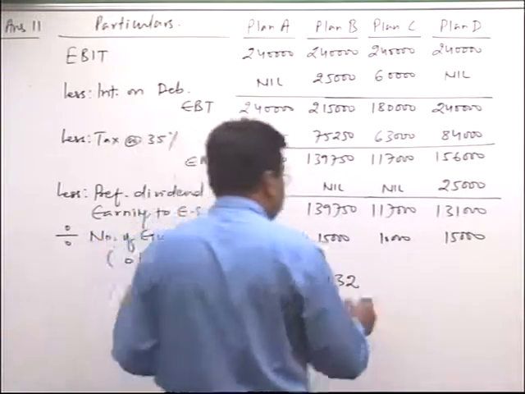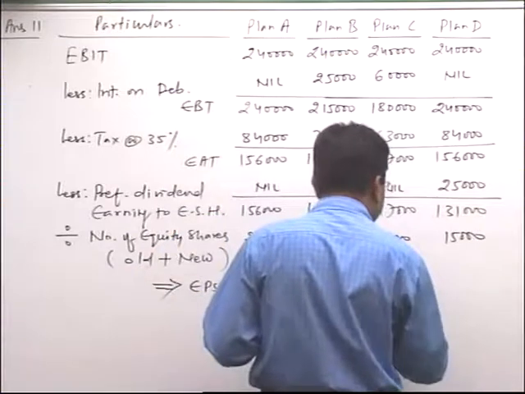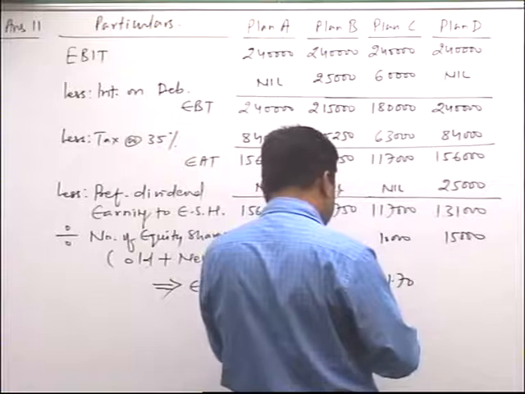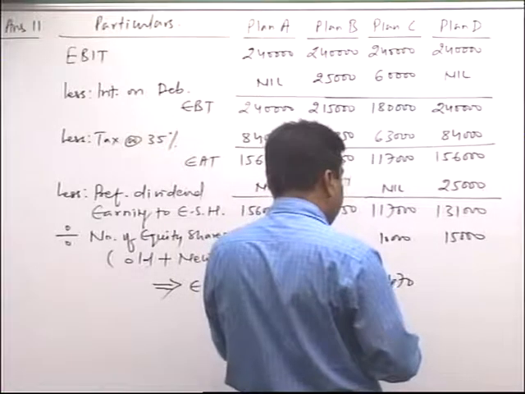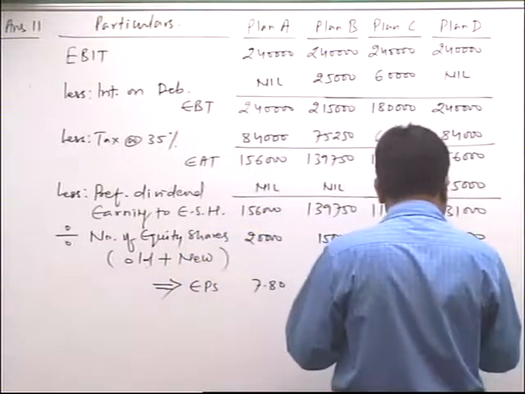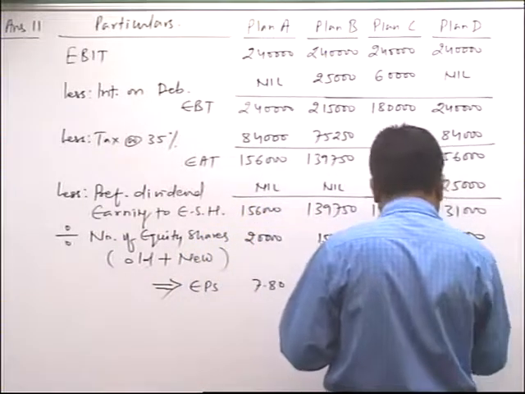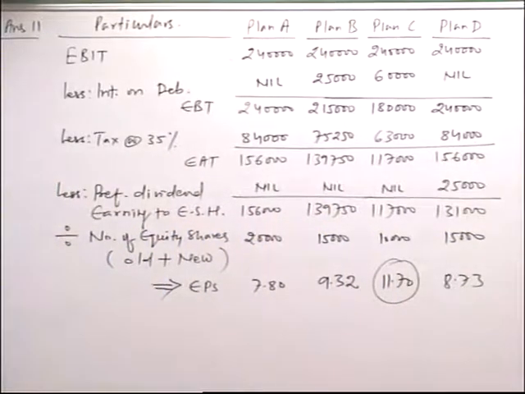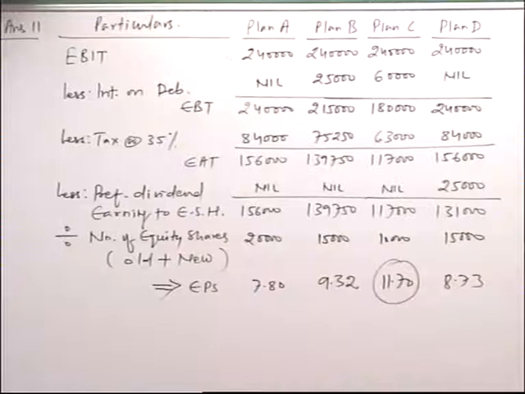In the third case, it will be 11.70, and in the fourth case, it will be 1,31,000 divided by 15,000 shares, so it is 8.73. So maximum EPS comes in plan C. All the students are requested to write down.